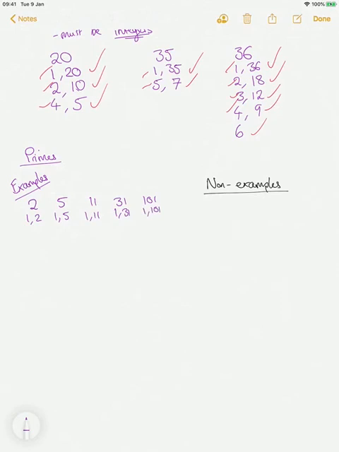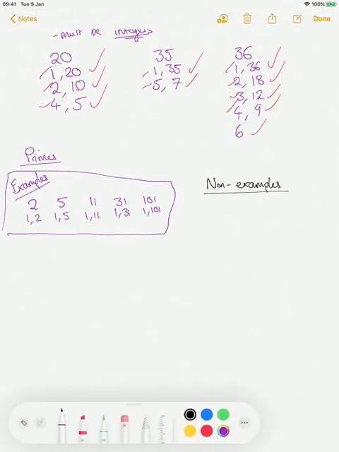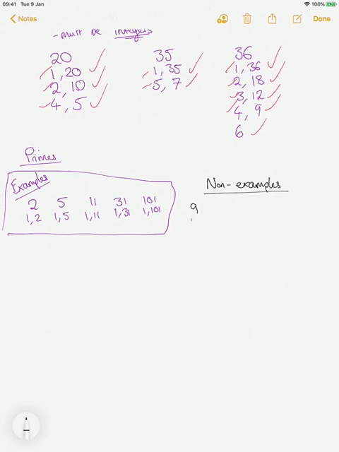Okay, so there's all my examples. Let's have some non-examples then to try and help you with that definition. So there's your non-examples.